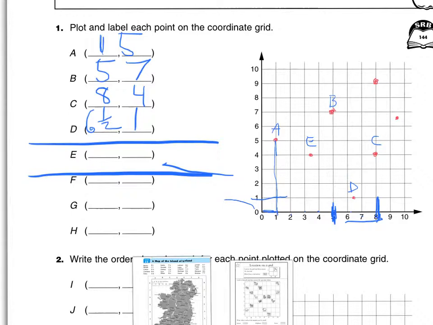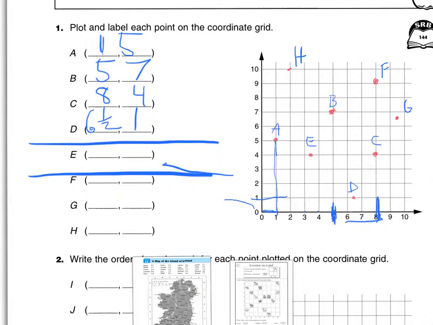And then I'll do another one right there. So you've got F, G, and H. Alright, I want you to write down in your books or on your dry erase board what the coordinates, the ordered number pairs, are for F, G, and H.